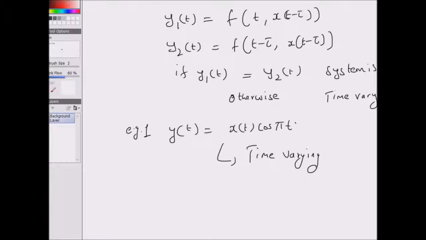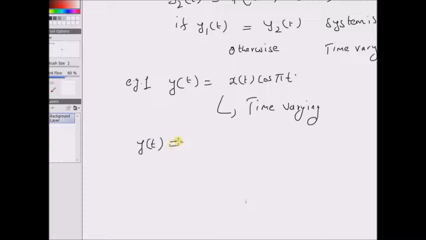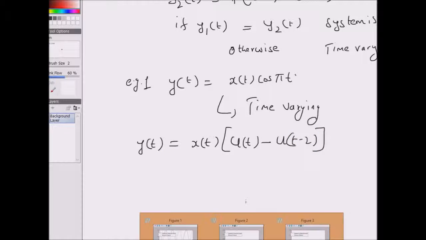Now let us look at a second example. Y of t is equal to x of t multiplied by u of t minus u of t minus 2. For this system, let us look at the corresponding output.